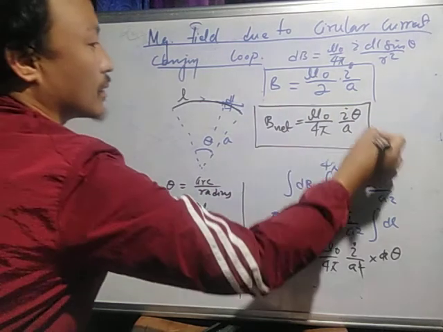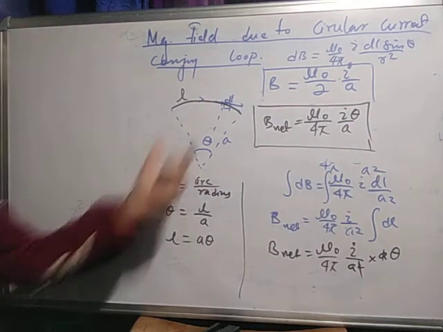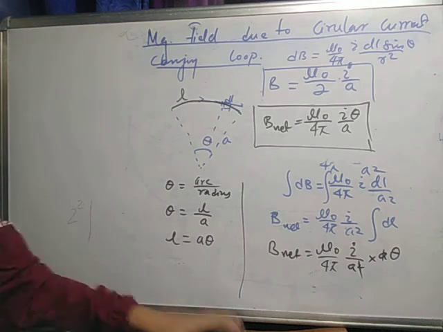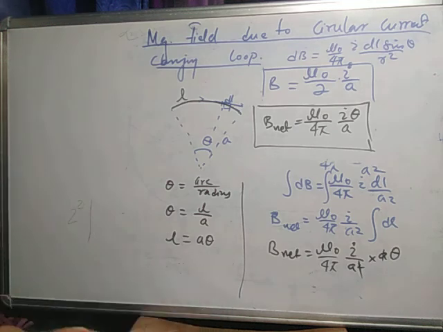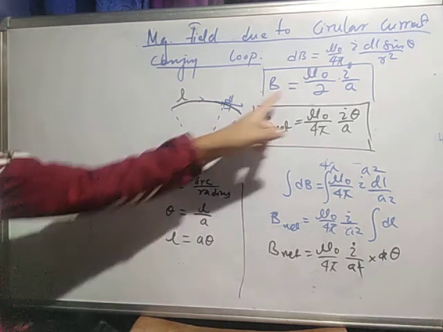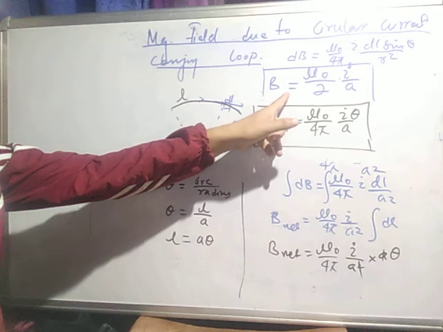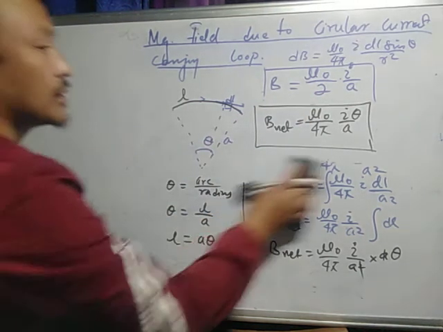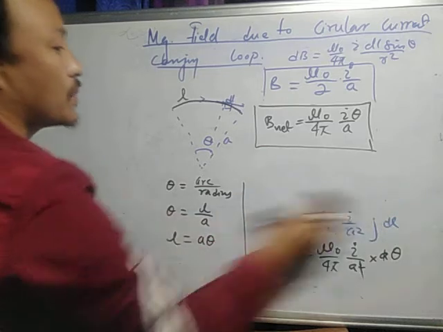In general, okay, you don't need to know whether it is a quadrant or whatever the angle is. Now look, when there is a theta, what is theta for a full circle? 2 pi, isn't it?